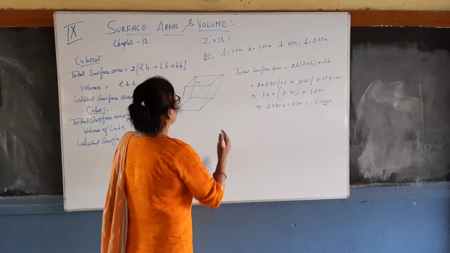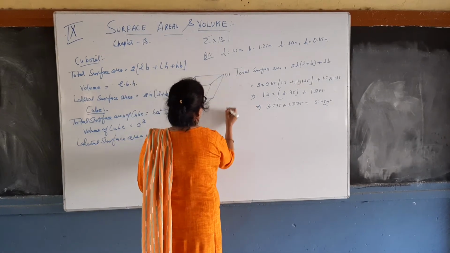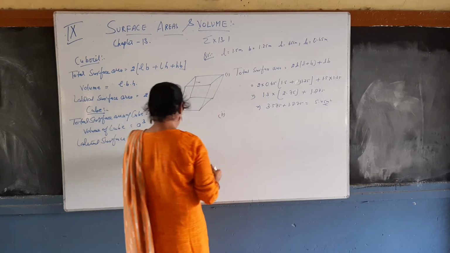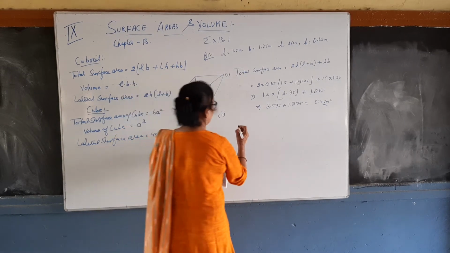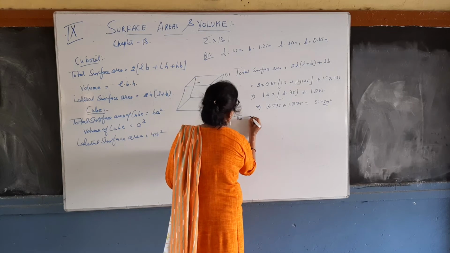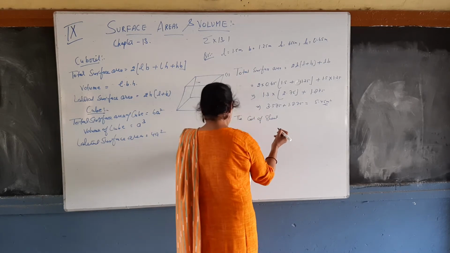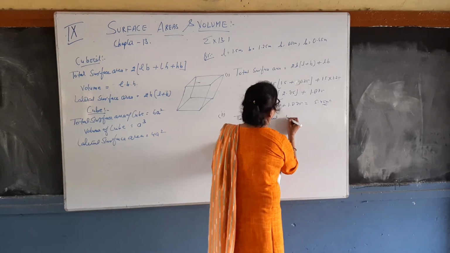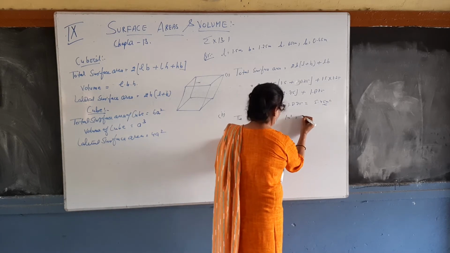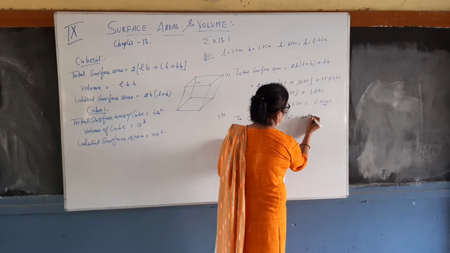Then the second part. The second part is the cost of sheet. For 1 meter square, it is equal to 20 rupees.